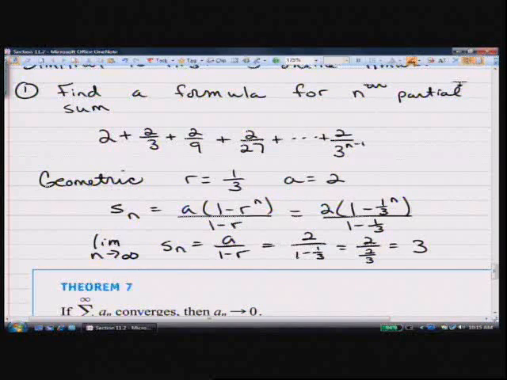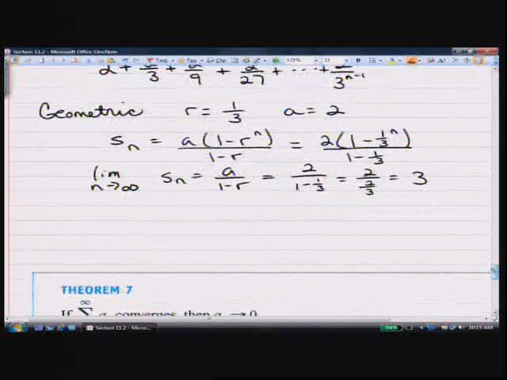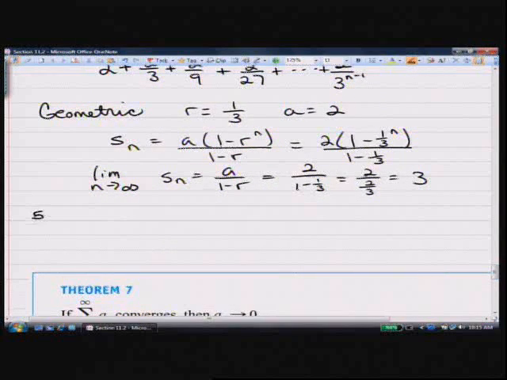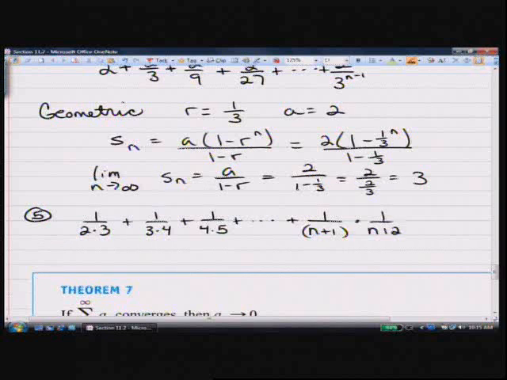And then there's also one like number 5, where they give you the same instructions, but they give you a telescoping series. And you can kind of recognize them. They tell you this is 1 over n plus 1 times n plus 2.